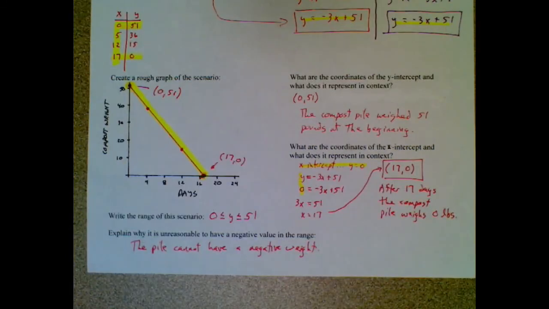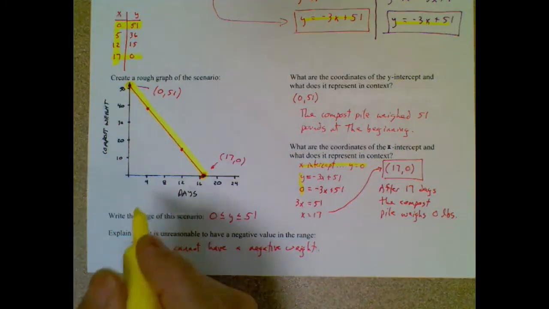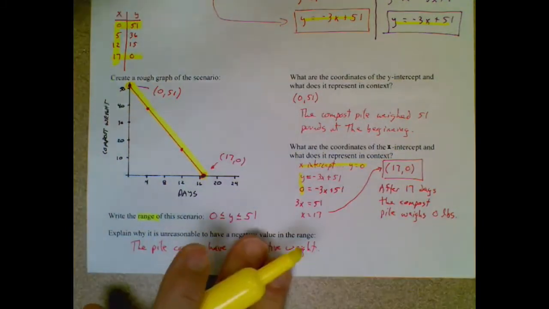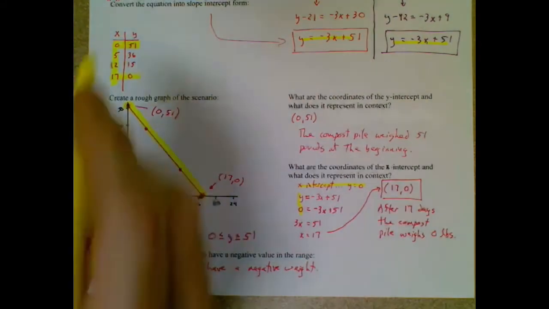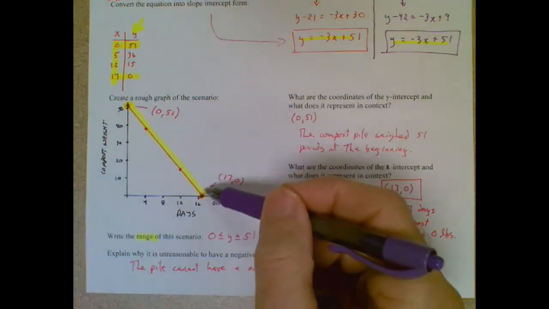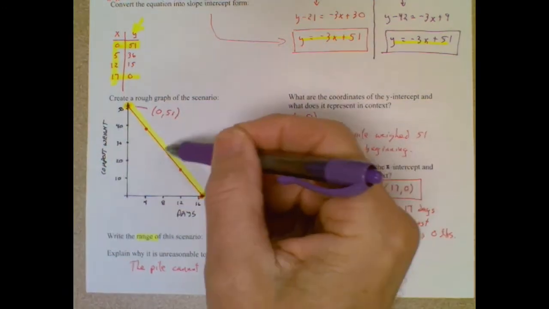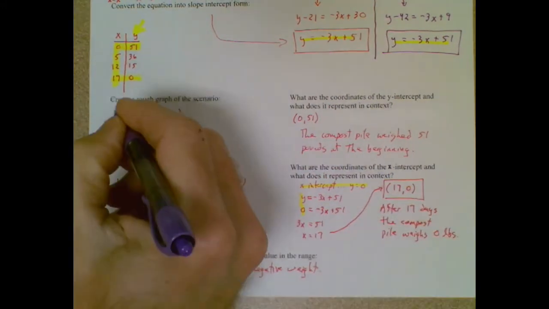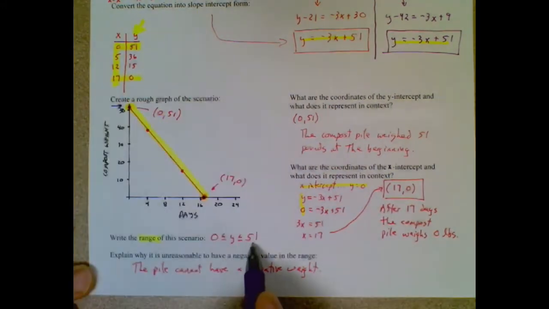The final two questions in this scenario are about the range, which, remember, is your y values. If I'm thinking about the t-chart up above, I'm thinking about that. If I'm looking at my graph, I'm thinking about every possible y value as I go along. The biggest y value I can ever get to is 51.